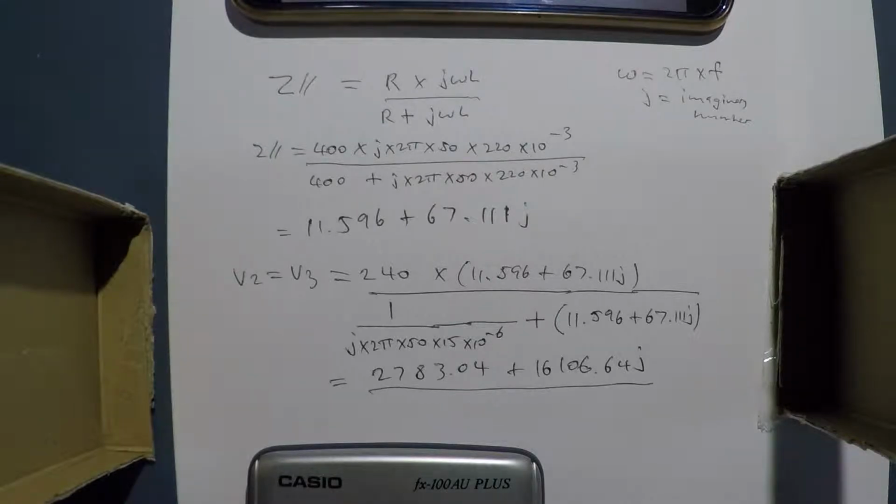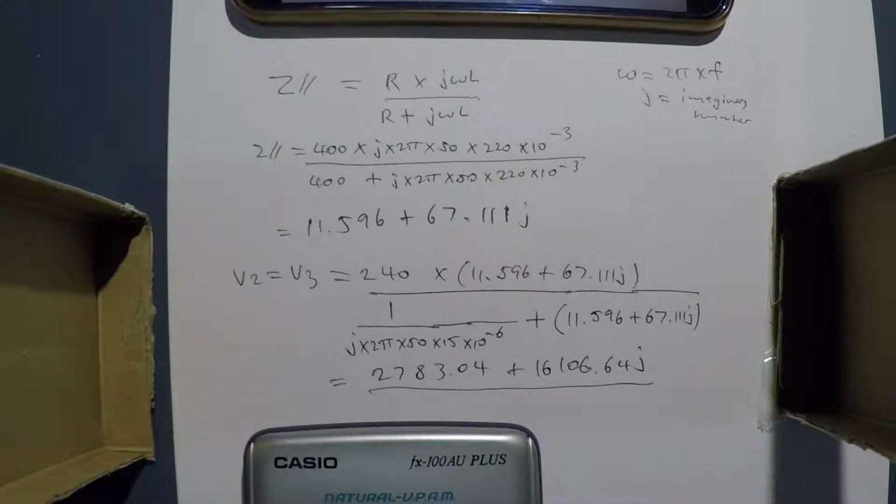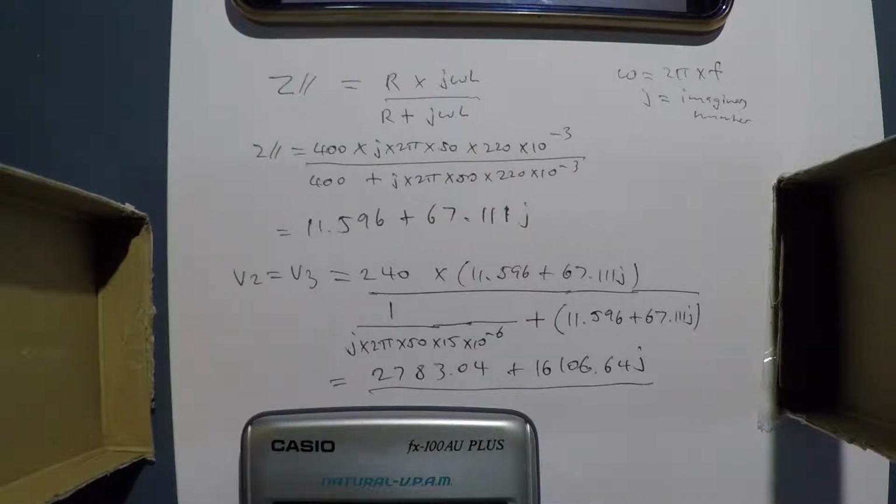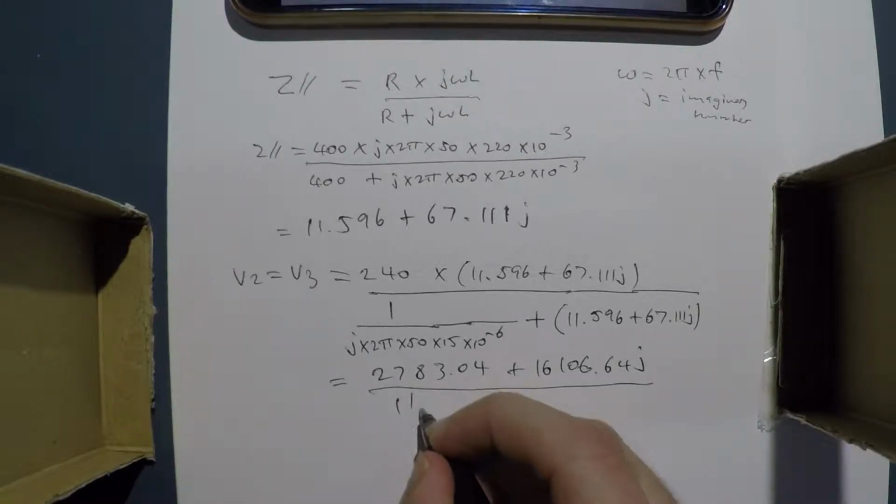So 1 over J omega C plus the parallel impedance gives us this.